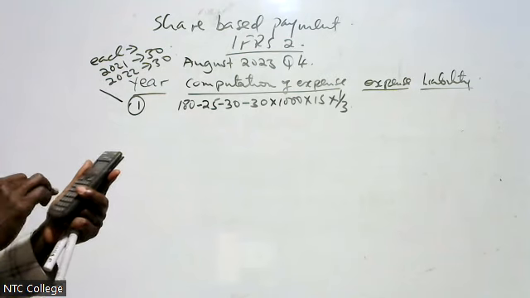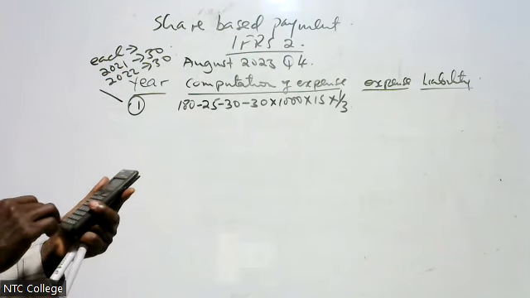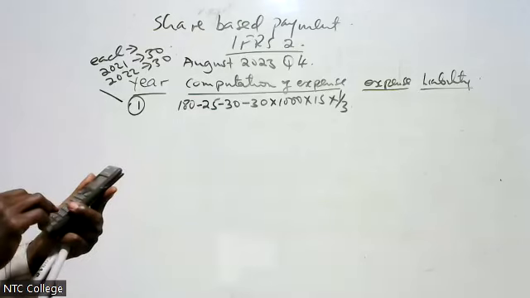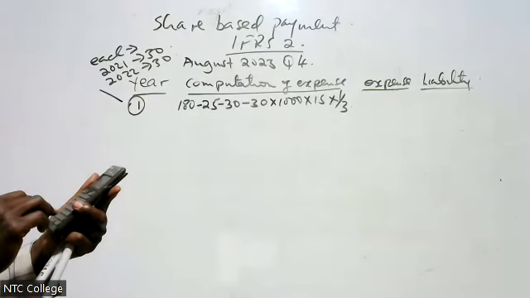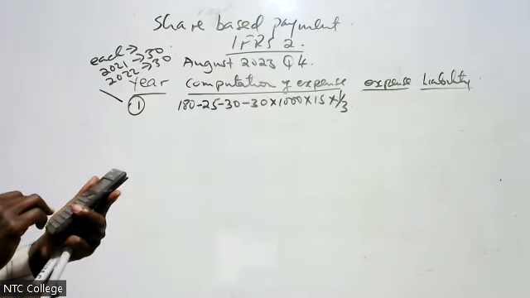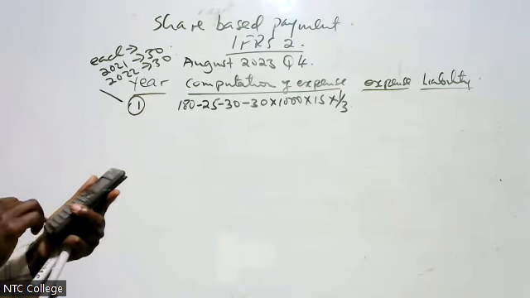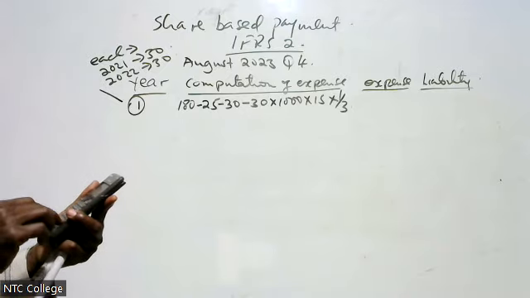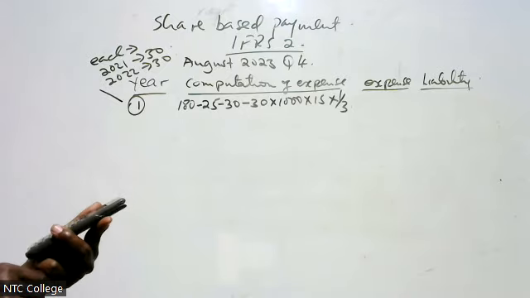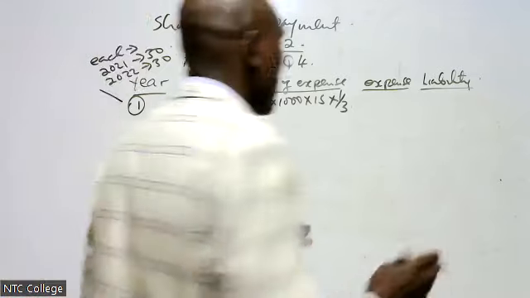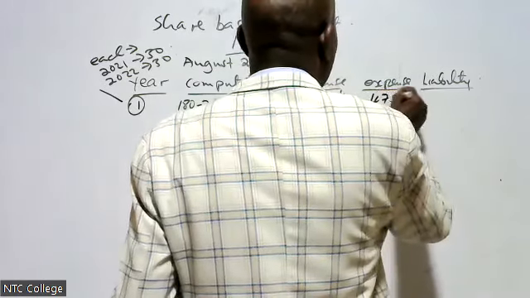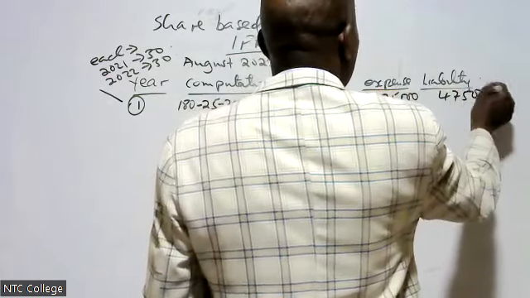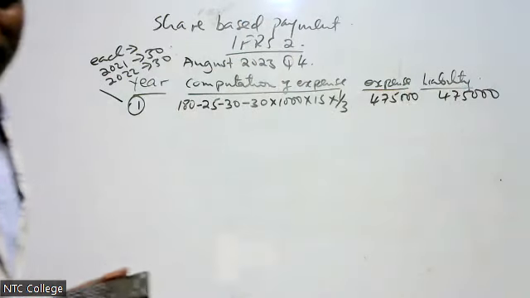That is 180 minus... I'm getting 475. Thank you very much. 475,000.